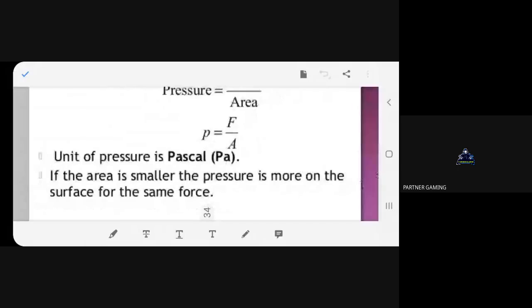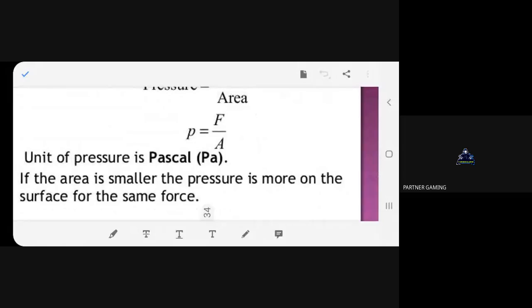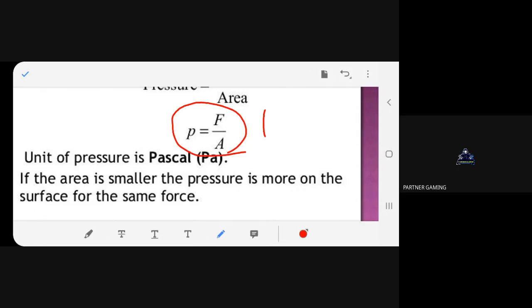Now, for example, if area is small, you see over here, by this formula, P is directly proportional to F, whereas P is inversely proportional to A. What do you say? You agree with me?